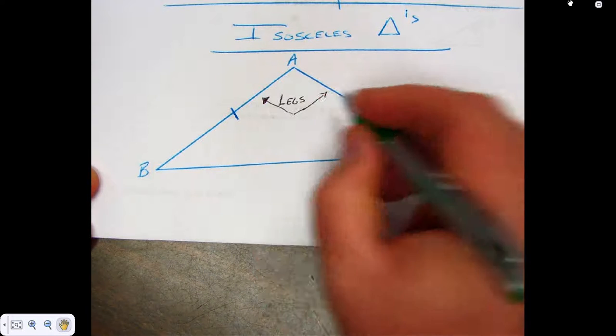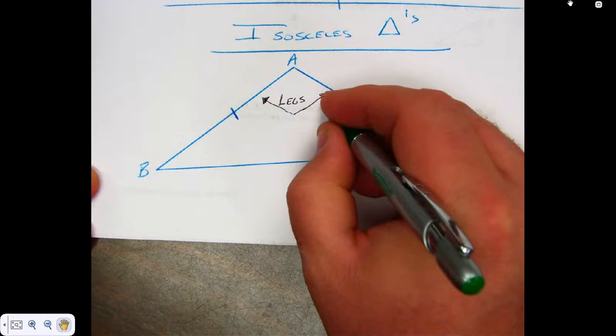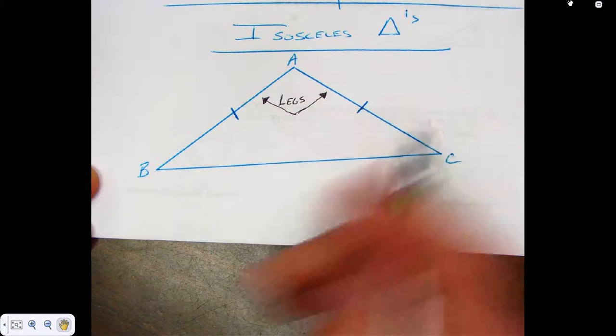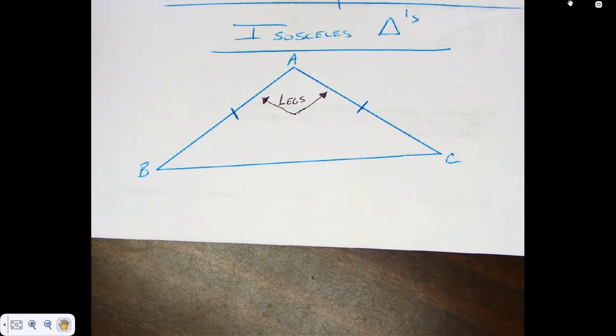Can anybody think of a clever way why maybe they called these the legs? If you spread your feet apart, does your lower half make an isosceles triangle with the ground? What are the two congruent sides there? Your what? Your legs, right? You understand what I'm saying?